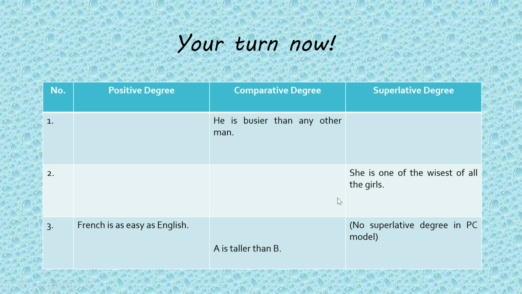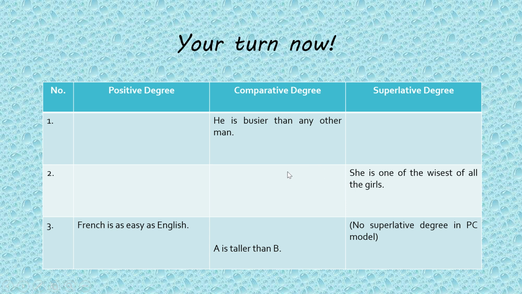In the next sentence, the superlative degree is given: she is one of the wisest of all the girls. In comparative degree, it is the OMV model.